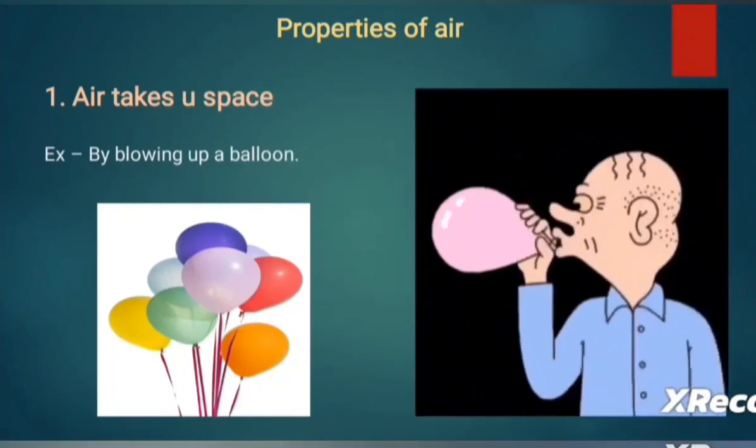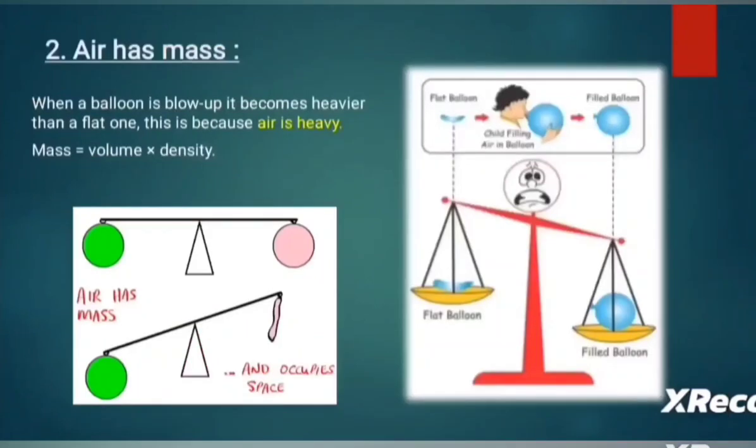Now let's see the second property of air, that air has mass. Take two balloons and inflate them, and then tie two balloons of the same size at the two ends of a stick. The stick stays balanced, the balloons remain horizontal.